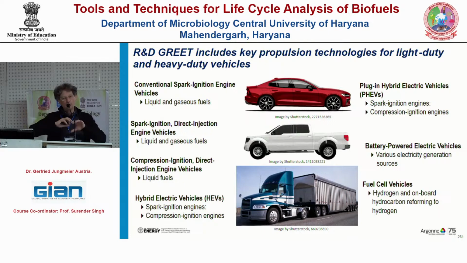You always have to go on the car level, because per megajoule of ethanol or megajoule of electricity, you cannot make a reasonable comparison how much you emit when you drive 1 kilometer. And they really have many different technologies, conventional combustion engines, but also hybrid electric vehicles, fuel cell vehicles, battery powered vehicles, plug-in hybrid. So everything is available, and to use these data is a perfect starting point.